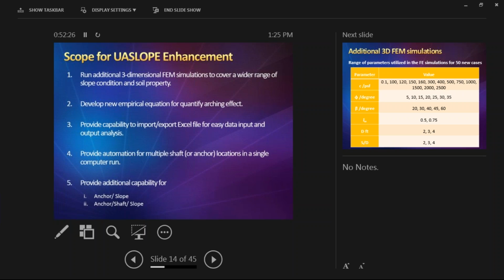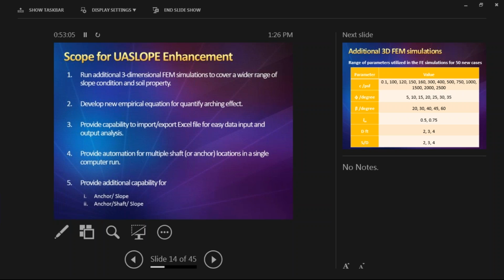The other work that we have done is to allow automation to change the drill shaft location. In the past, you had to specify the shaft location on the slope to run one case. But now you can provide the starting location, ending location, and the increment of the spacing, and the computer program will run all these cases at once, and you can get all the results at once, so that you save a lot of repeated runs with this option.